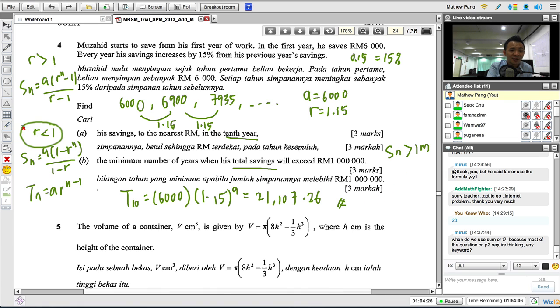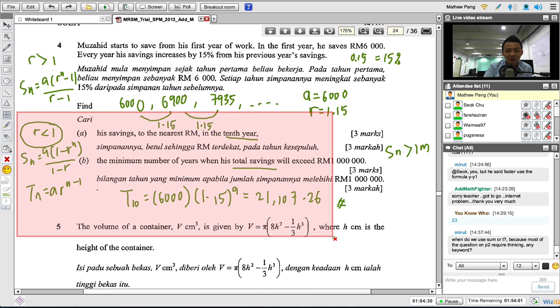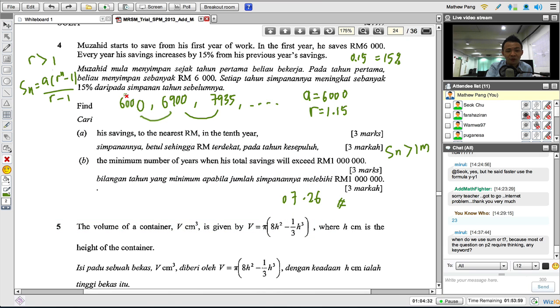I need more space, so I'm going to erase everything here that is not useful now.